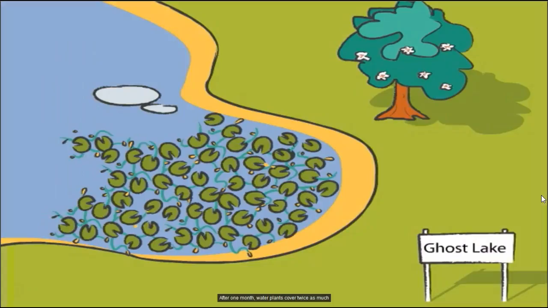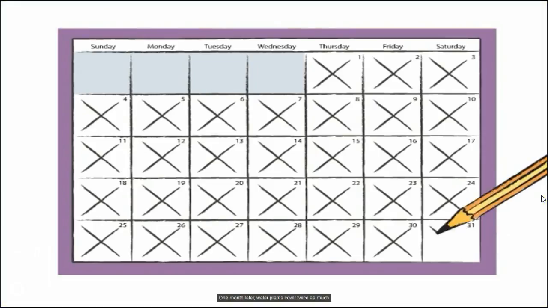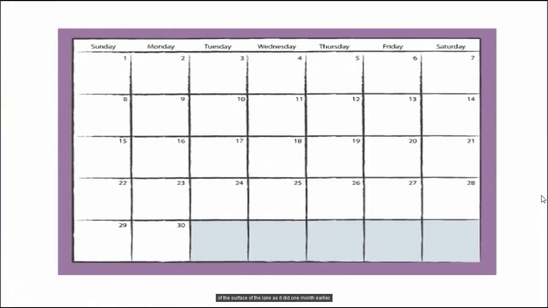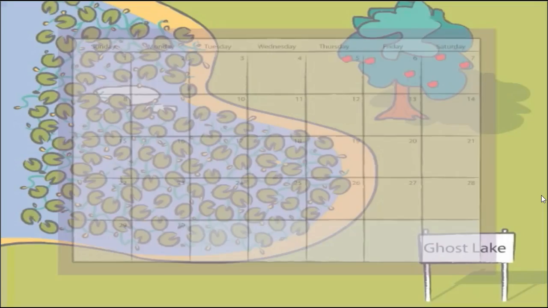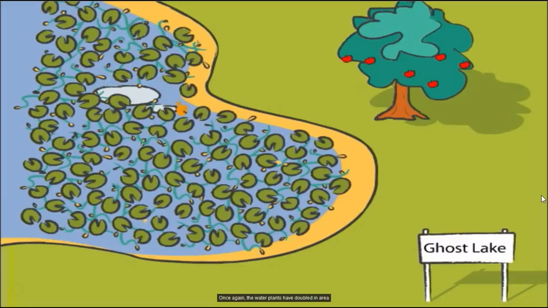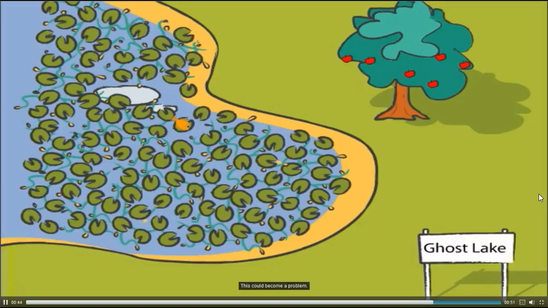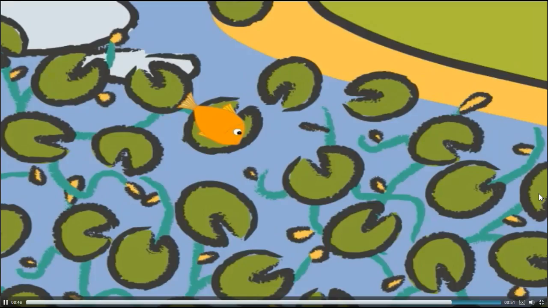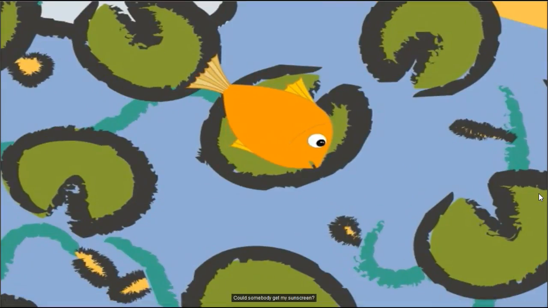After 1 month, water plants cover twice as much of the surface of the lake as it did before. 1 month later, water plants cover twice as much of the surface of the lake as it did 1 month earlier. Once again, the water plants have doubled in area to cover even more of the surface of the lake. A little help, please. This could become a problem. Could somebody get my sunscreen?